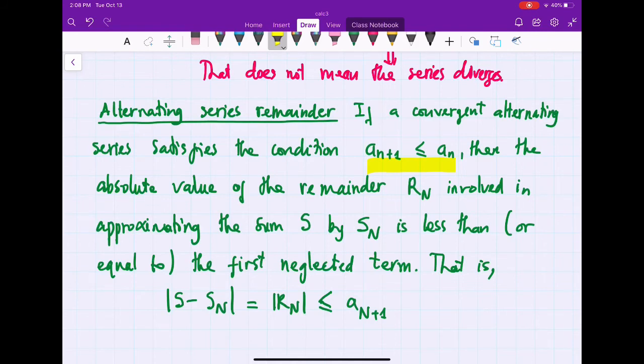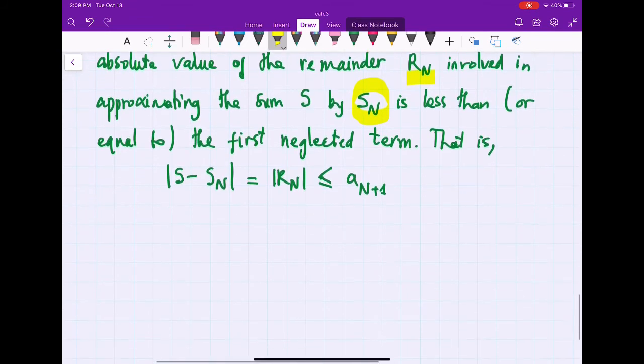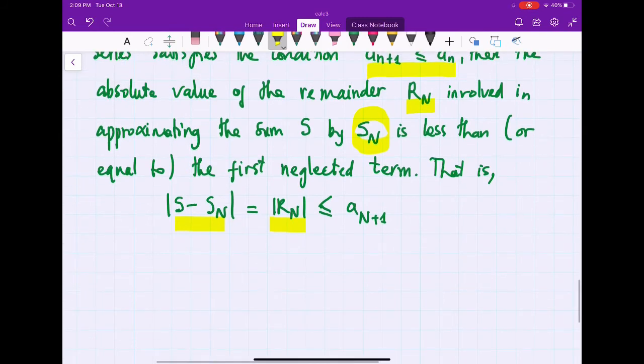Then the absolute value of the remainder R_n involved in approximating the sum S by S_n, where S_n is the partial sum, is less than or equal to the first neglected term. That is, |S minus S_n| = |R_n| is less than or equal to a_(n+1). Okay, let's write this in an explicit form before we consider some examples.